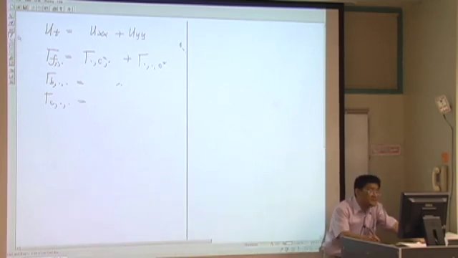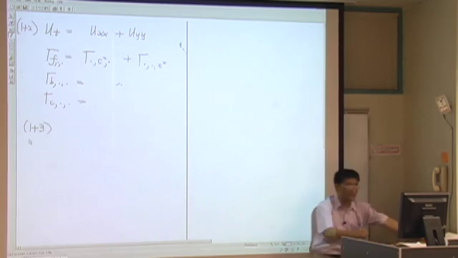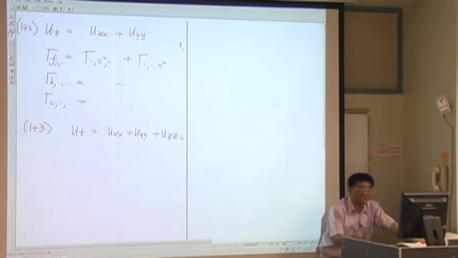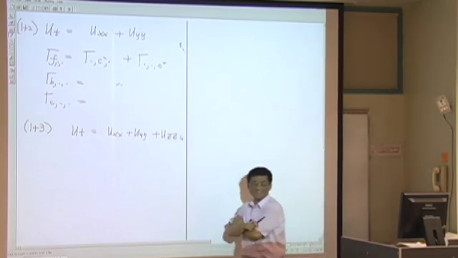Now, this is a 1 plus 2 dimensional problem, right? It doesn't matter 1 plus 2 or 1 plus 3 or 1 plus 4, but I will start at 1 plus 3. Is it very hard or not?